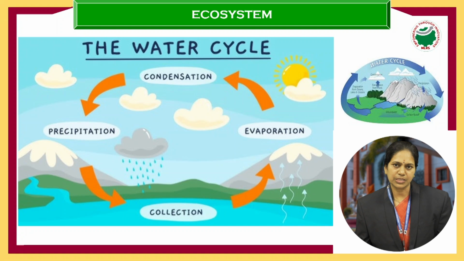So the cycle is conducted in this way in the ecosystem. It is one of the most important cycles. The main reason why water is available in the atmosphere is that the water cycle is going on efficiently, or it has been regulated properly by the ecosystem.